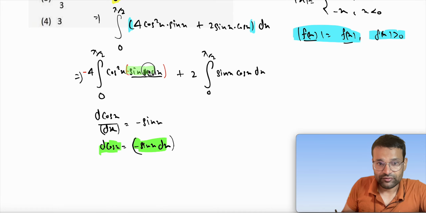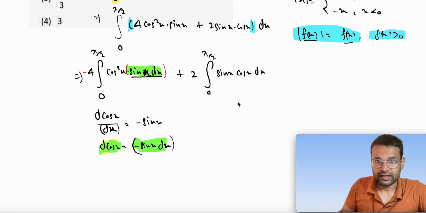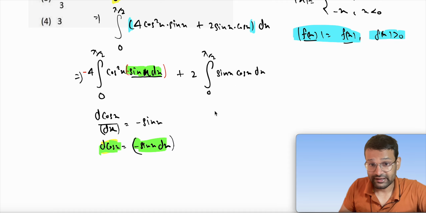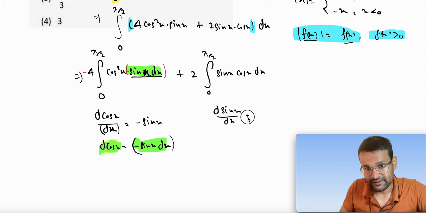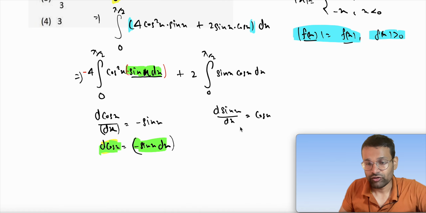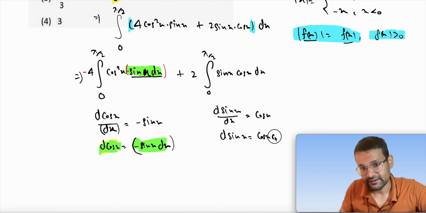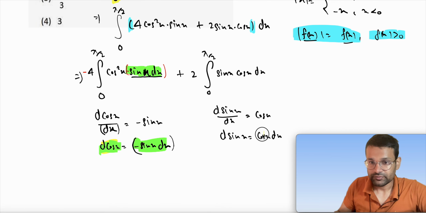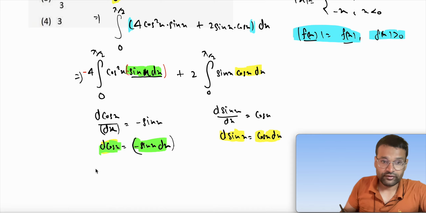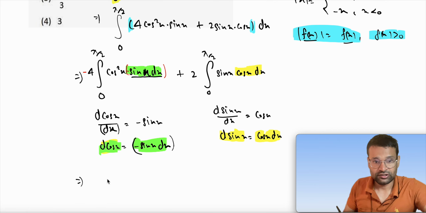Similarly we do with this one. If we differentiate sin x with respect to x, it becomes cos x. Cross multiplying, d sin x equals cos x into dx, so this cos x dx can be replaced by d sin x. Now we do it in this question.